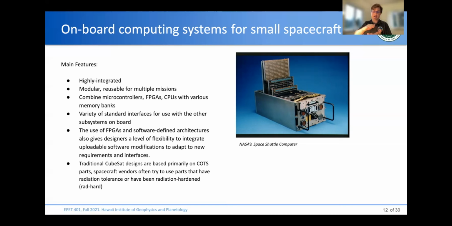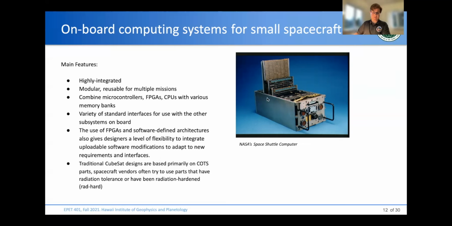But COTS have been catching up in terms of reliability for space computers. In fact, some companies like Microchip give you options for space-rated microcontrollers, transistors, and other devices like that.